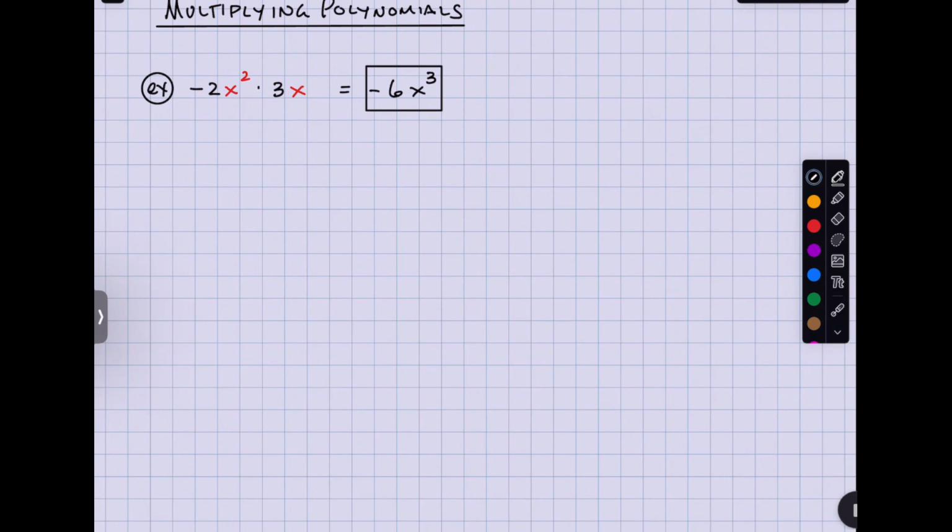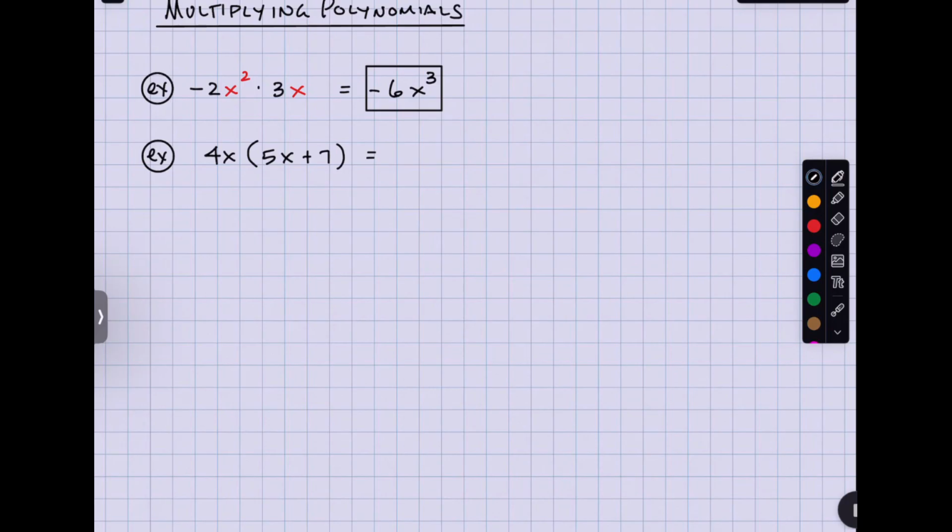Okay? Now, here, this is a monomial times a binomial. What's inside the parentheses is called a binomial, and terms are separated by addition subtraction signs.